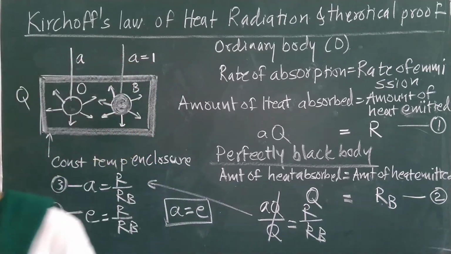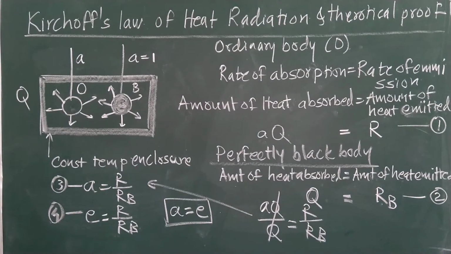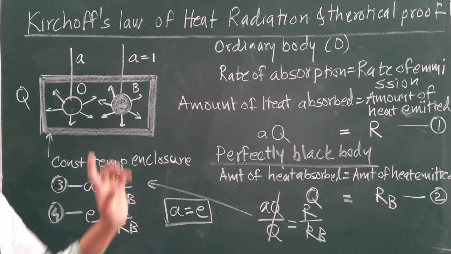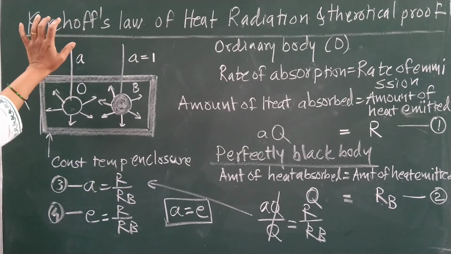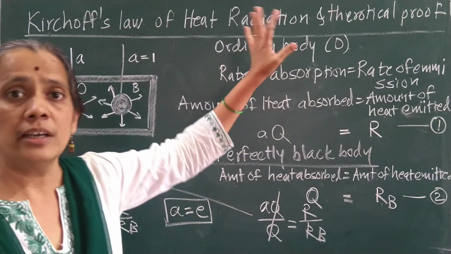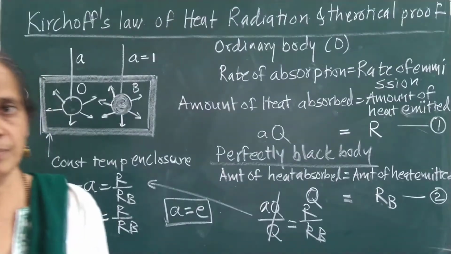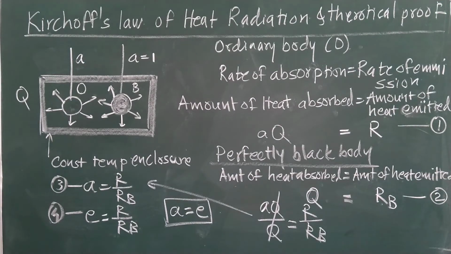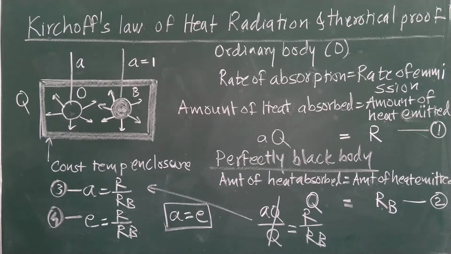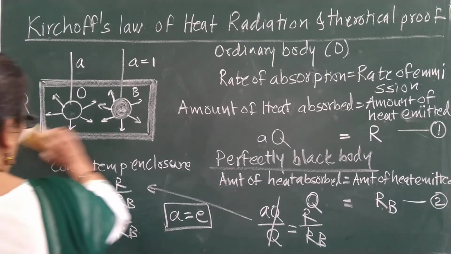Clear? So this is called the theoretical proof of Kirchhoff's law of heat radiation. Got it? Fine? Okay. Then now I am going to start the spectral distribution of a perfectly black body.